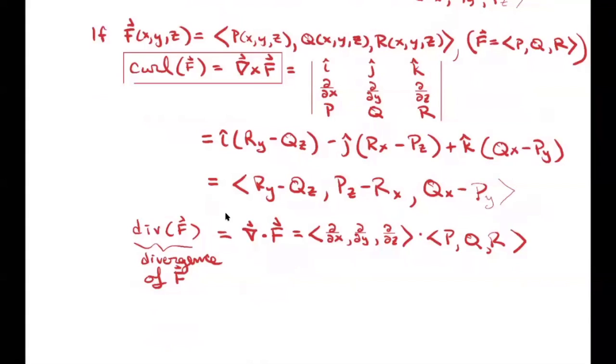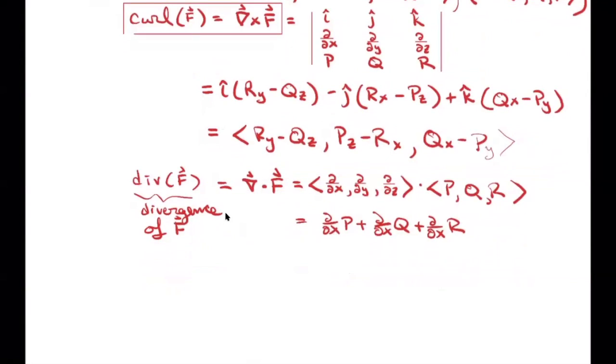Okay, so this is just going to be the partial with respect to x of P, plus the partial with respect to y of Q, plus the partial with respect to z of R. Of course, so much simpler, so much easier to compute.